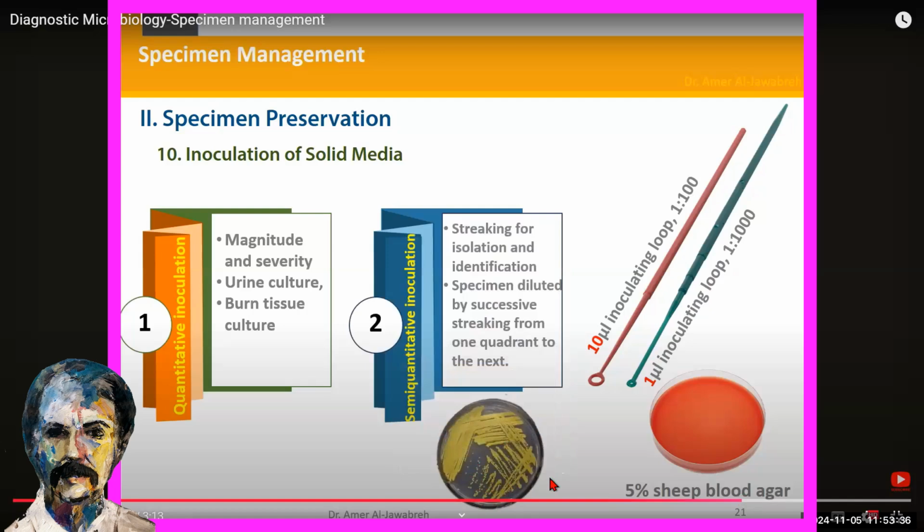So this dilution made the difference by giving you isolated colonies. We call this quadrant streaking. Quadrant means 1/4, 25%. Quadrant streaking: 1, 2, 3, 4. Primary, secondary, tertiary, quaternary.